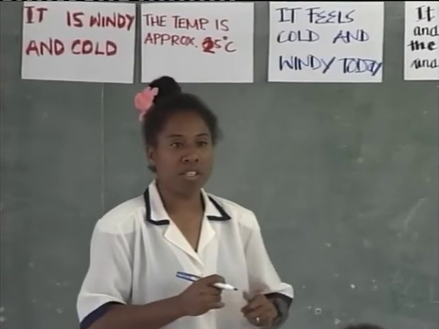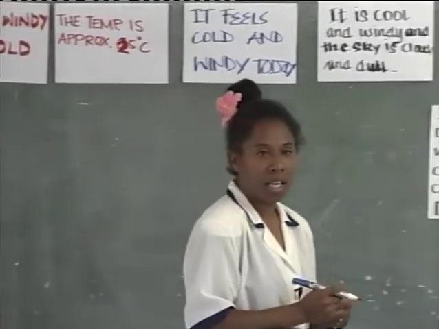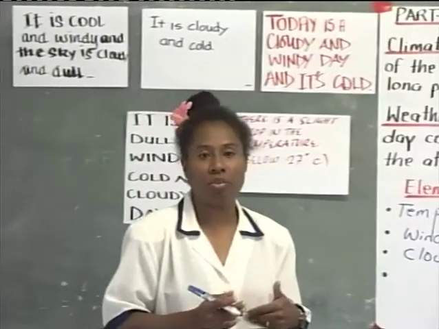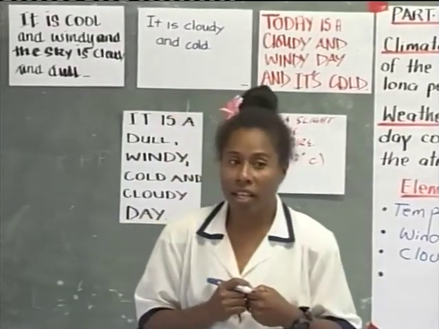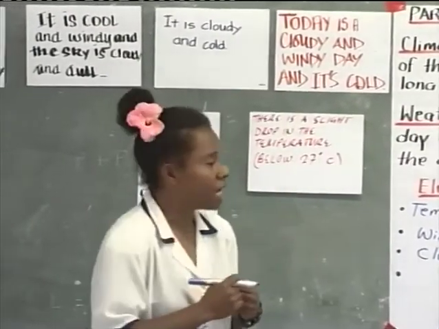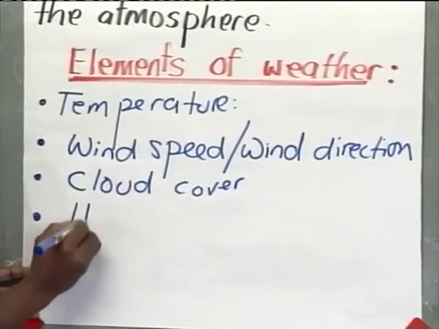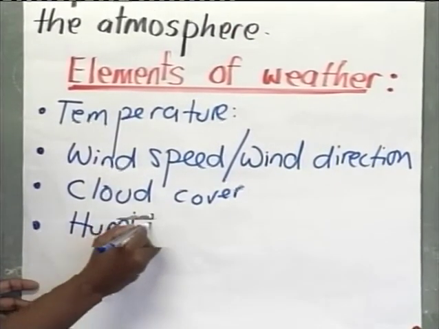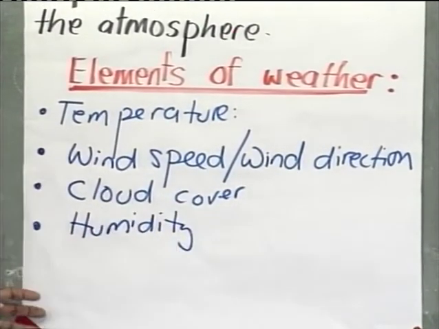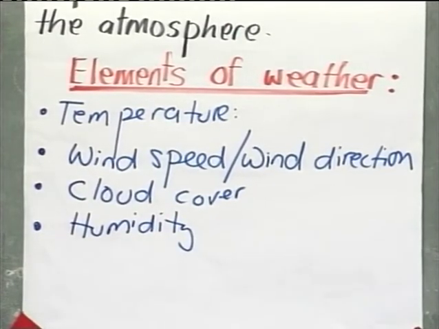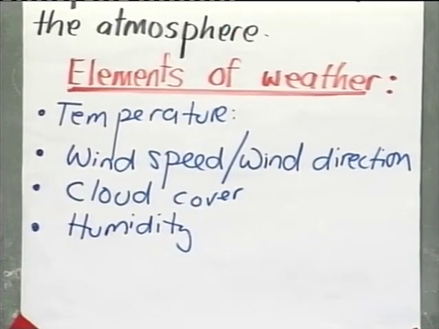Okay, if you feel hot, sweat, sticky, what is it that we are actually trying to describe? Humidity. Good. Beside temperature, it is also humidity. So humidity is the next element of weather. You were supposed to also be able to describe it. You can say, oh, today the air is a little bit dry.